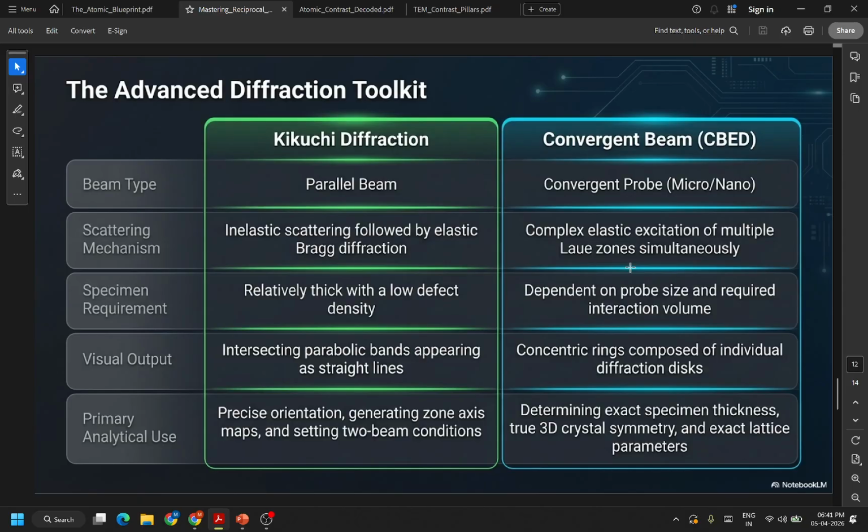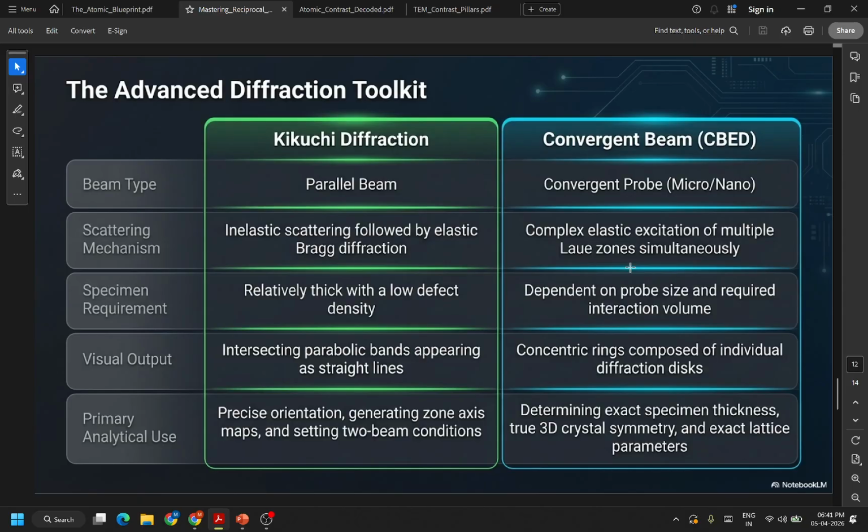In Kikuchi diffraction, the sample is relatively thick and has low defect density, whereas here it depends on the probe size and what interaction volume is required.